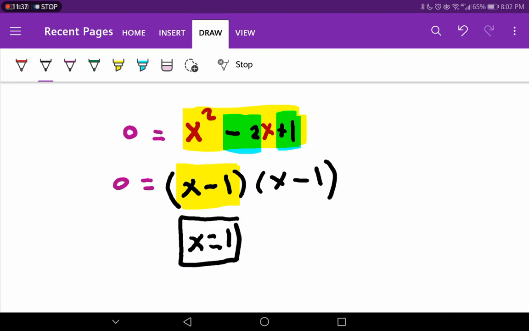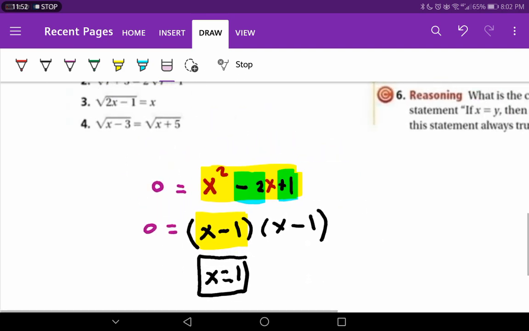Or x equals 1 also, because they are the same. I don't need this, it's just x equals 1. So x equals 1 is the solution.